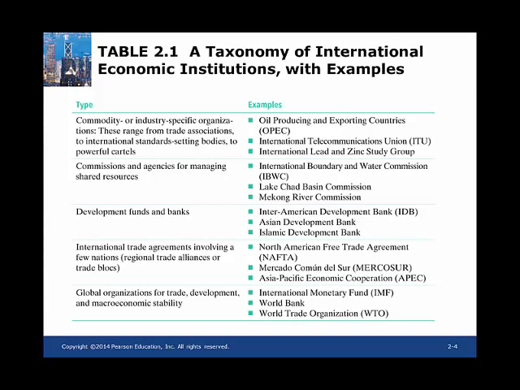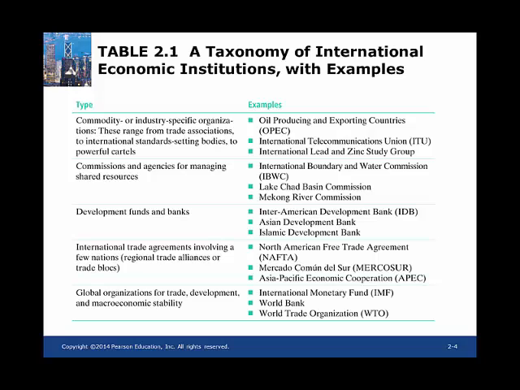1. Commodity or industry-specific organizations. These range from trade associations to international standard-setting bodies to powerful cartels. Examples: Organization of the Petroleum Exporting Countries, International Telecommunication Union, International Lead and Zinc Study Group.